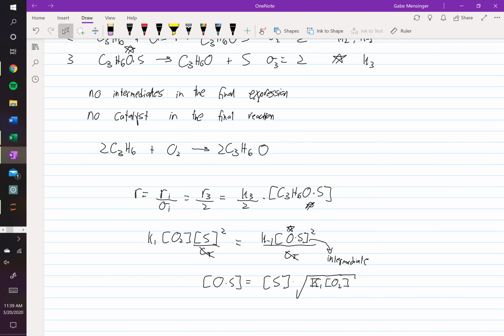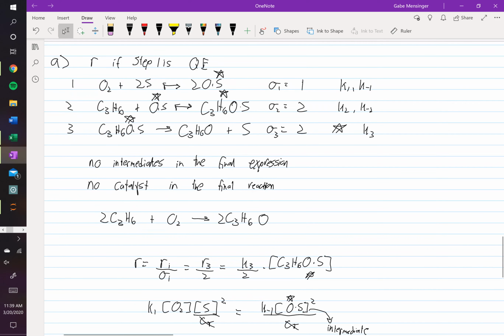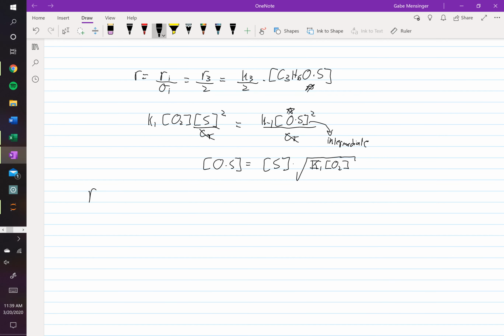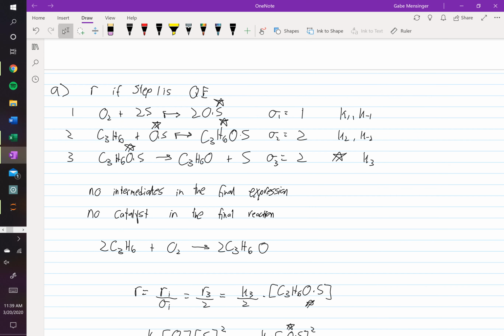So in this case, we will assume pseudo steady state on that intermediate, so equal to 0, and then we go up here. We see in reaction 2 that we are producing and consuming it simultaneously.